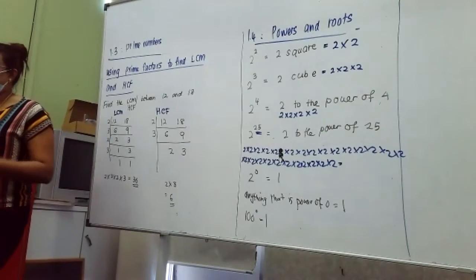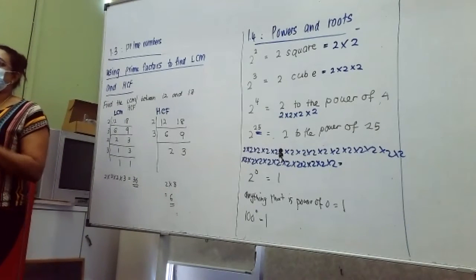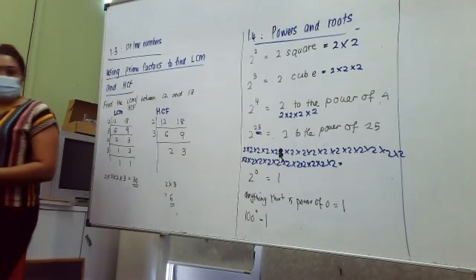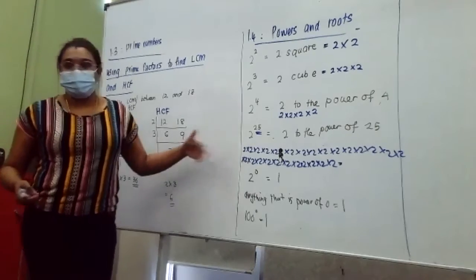Even 100 to the power of 0. Anything to the power of 1 is that particular number itself. 100 to the power of 1 is 100, because it's 1 times only that 100 number. Okay. So you are clear for powers.